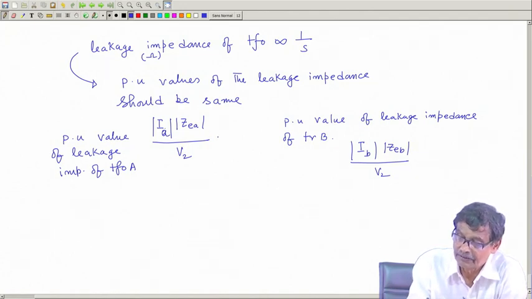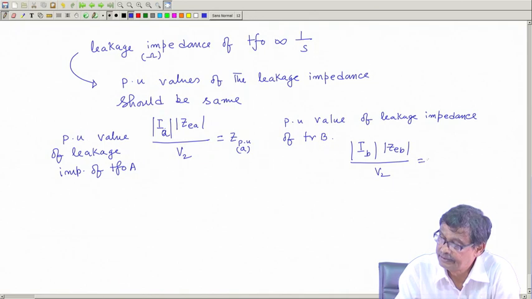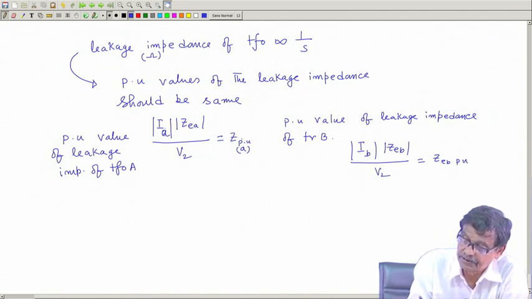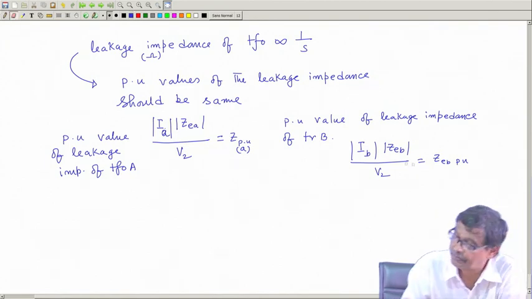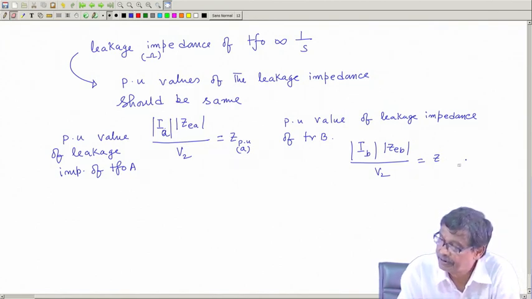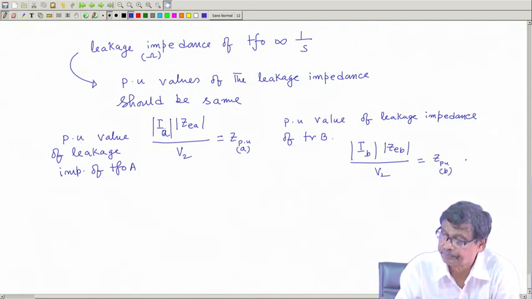This is called Z per unit of transformer A, and this is Z per unit of transformer B.